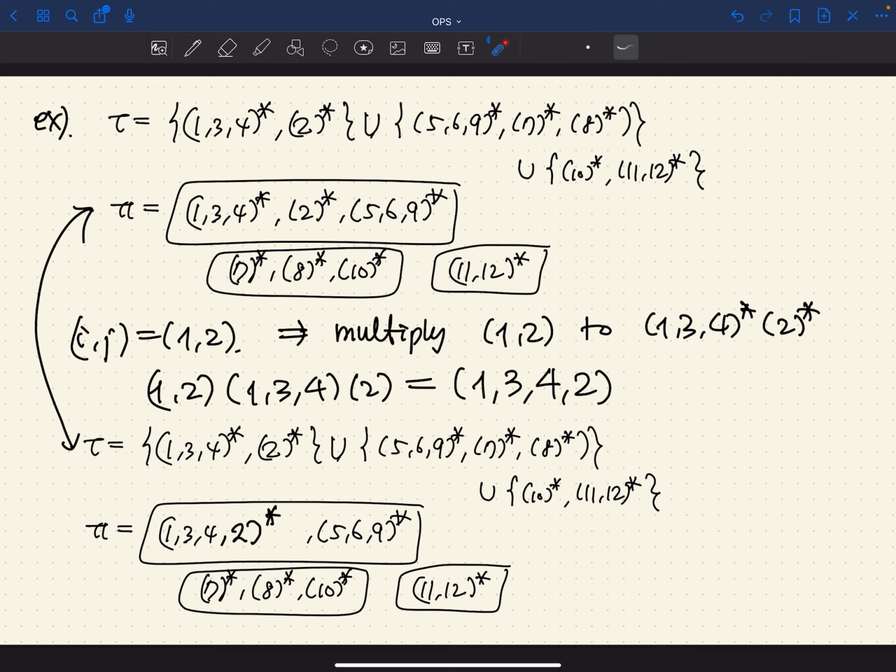And this is the sign reversing involution. And what are the fixed points? Every block must have, how can I say, did I write it down here?